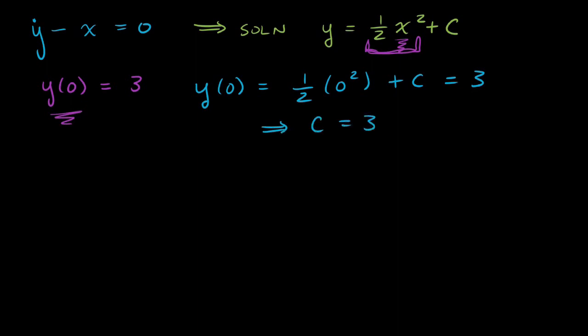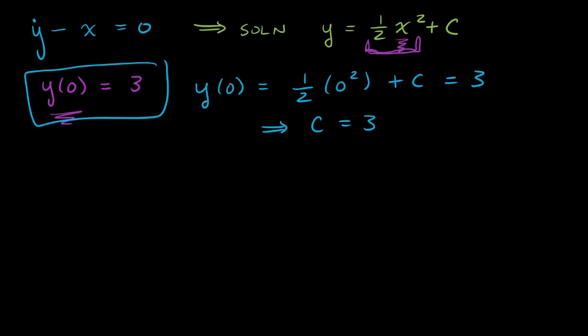So now, because I have created this constraint, this initial condition, it tells me something about how the function starts out at x equals 0, then I have now constrained that to be a particular solution to the differential equation.